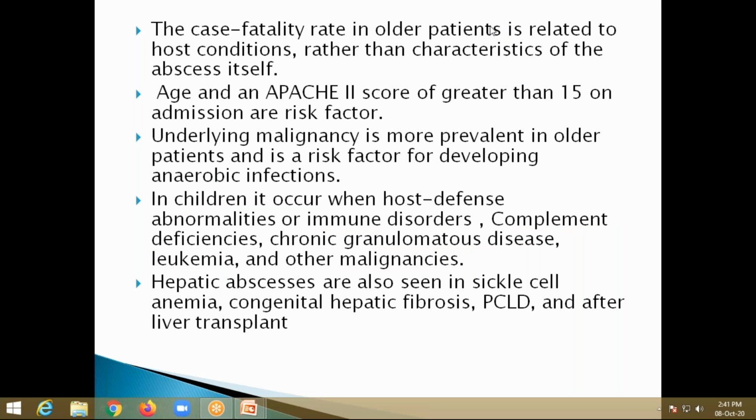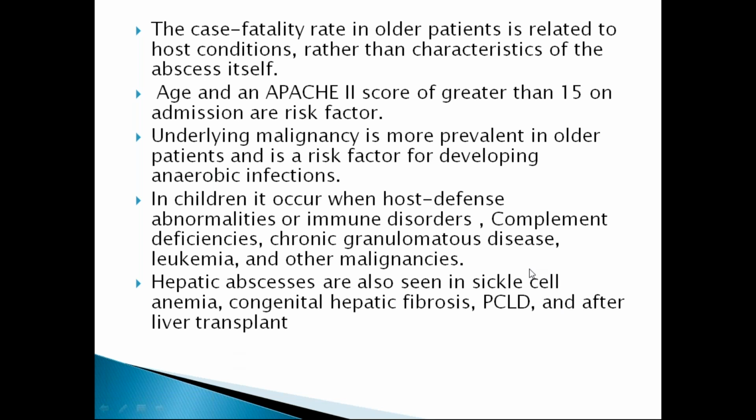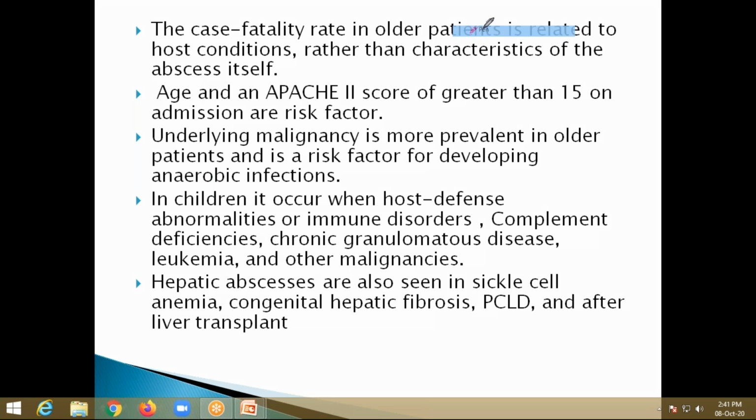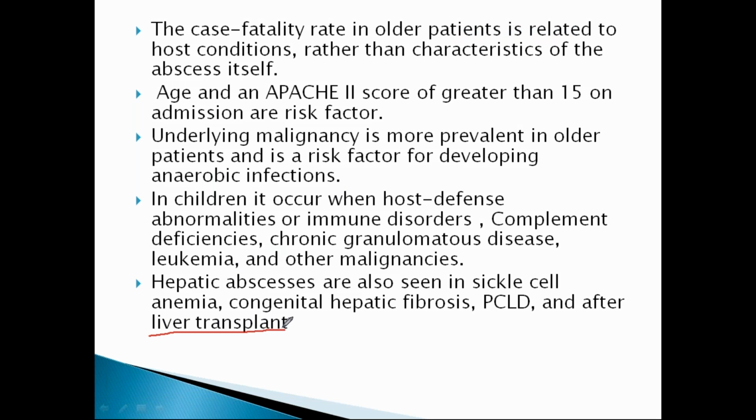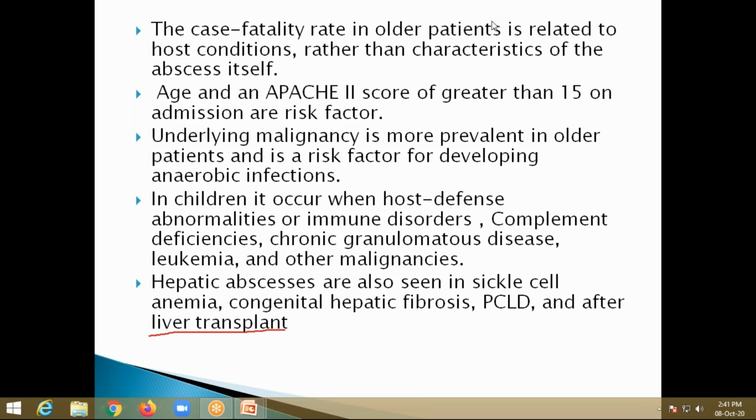Hepatic abscesses are also seen in sickle cell anemia, congenital hepatic fibrosis, polycystic liver disease, and liver transplant. Liver transplant patients are already immunosuppressed. That is the reason why they develop it.